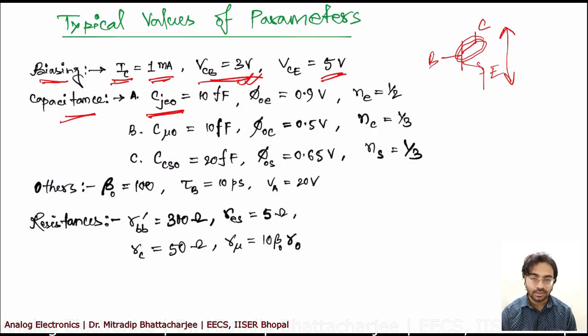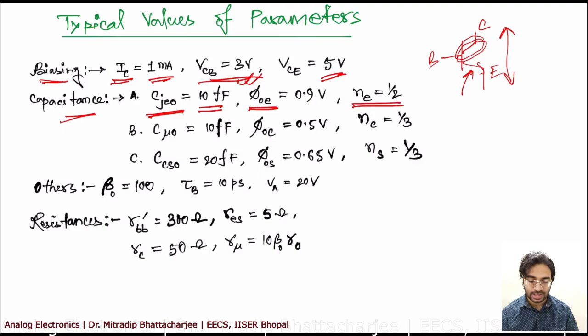CJ0 is the no bias capacitance, that is when biasing is not there, what is the capacitance of the emitter junction? I already have given you the expression for this, CJE, that is the junction capacitance of the emitter here, which is typically 10 femtofarad. Femto means 10 to the power minus 15. The built-in potential at the emitter is 0.9 volt.